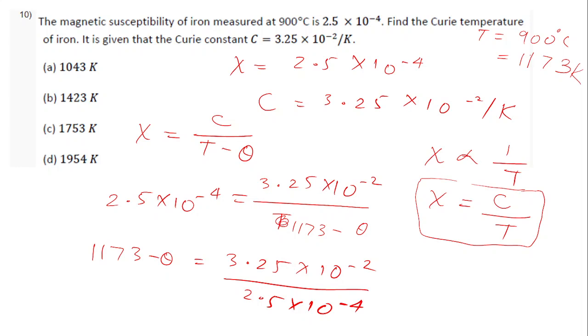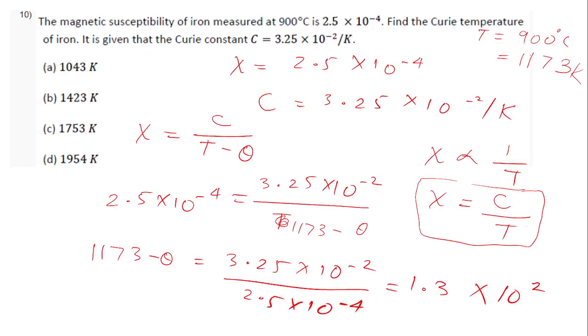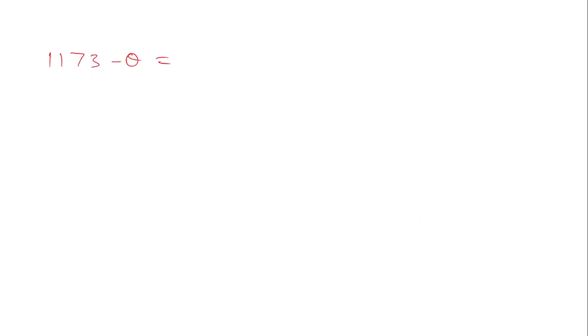3.25 divided by 2.5 is 1.3, and this will be minus 2 plus 4, that means 10 to the power 2. Now, because we have 1173 minus theta equal to 130, theta will be 1173 minus 130.